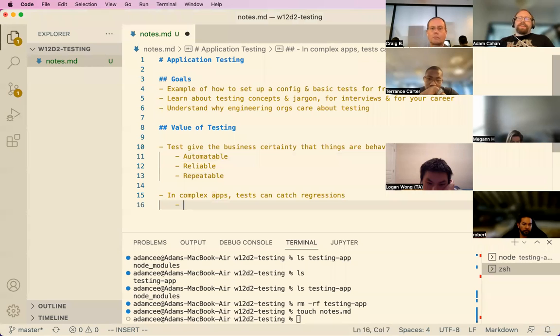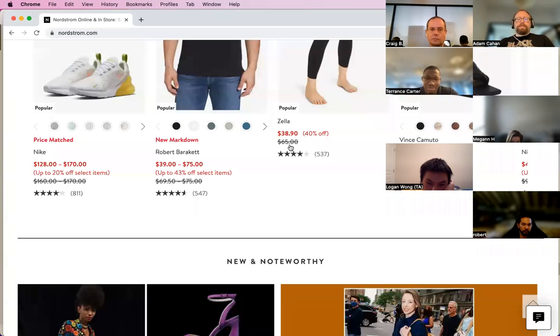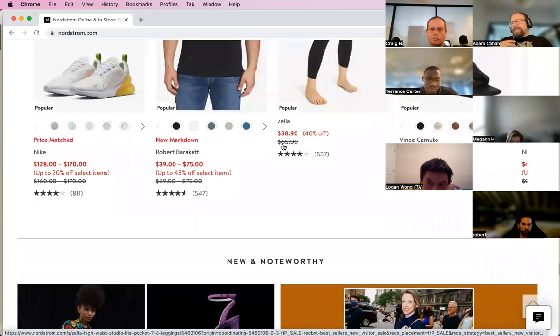A regression is when, if we find a bug and fix it and then accidentally do something to reintroduce that bug, that would be a regression. A regression would also be if we add this feature as a React component and then maybe someone else accidentally removes that React component when working on a different feature, our site would regress.